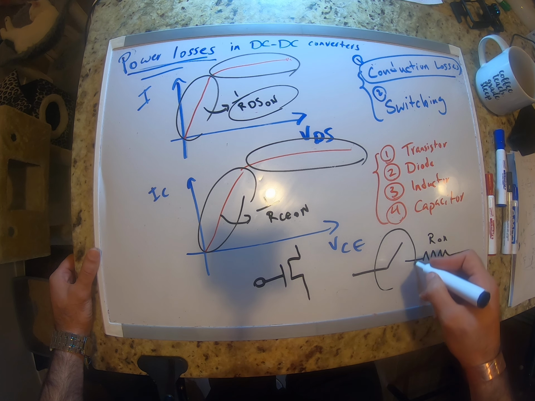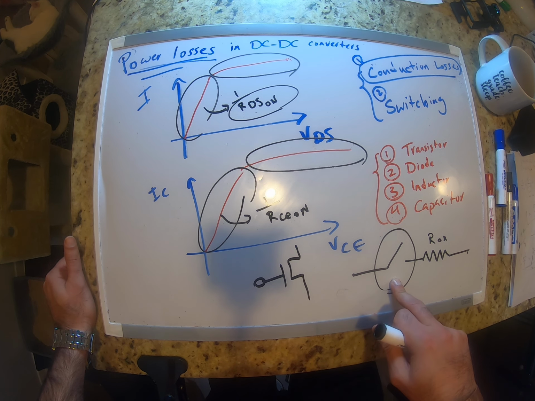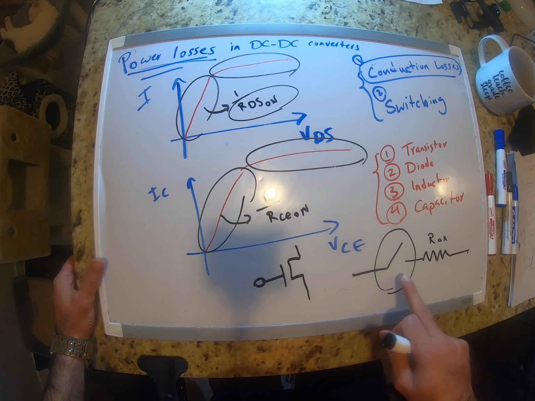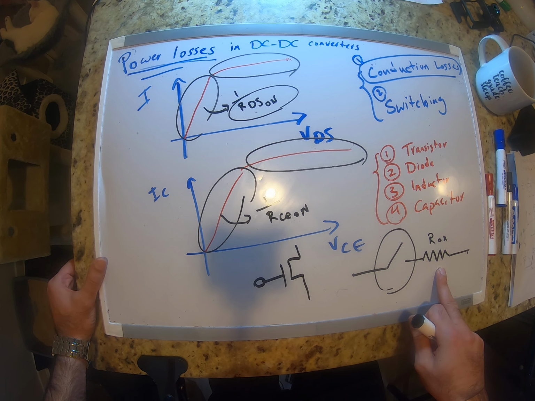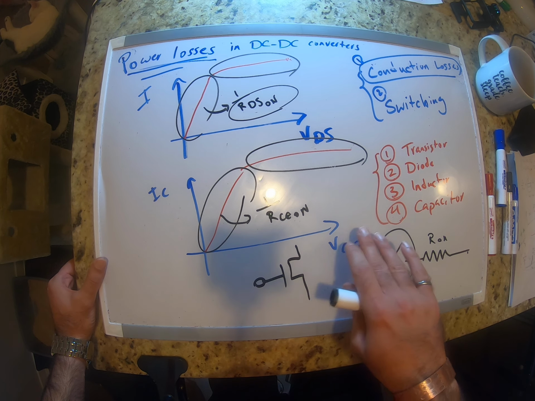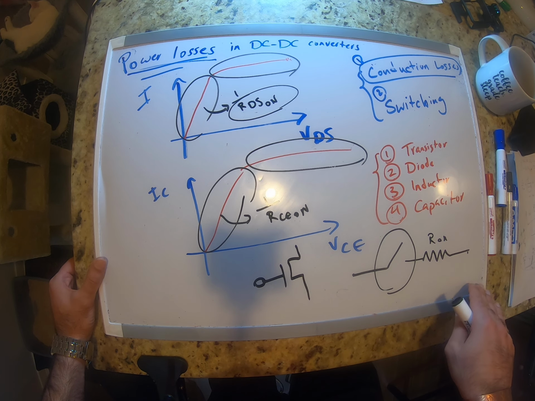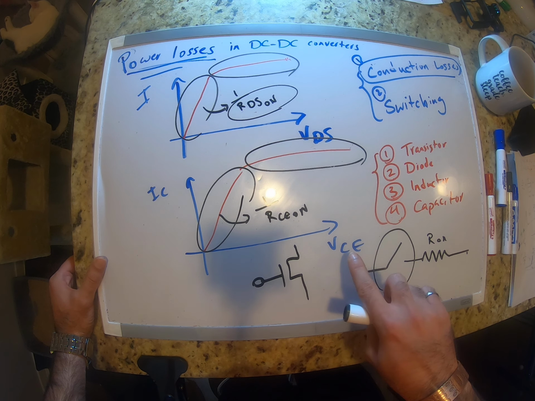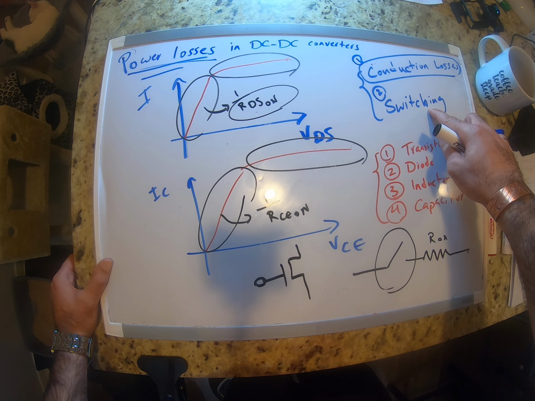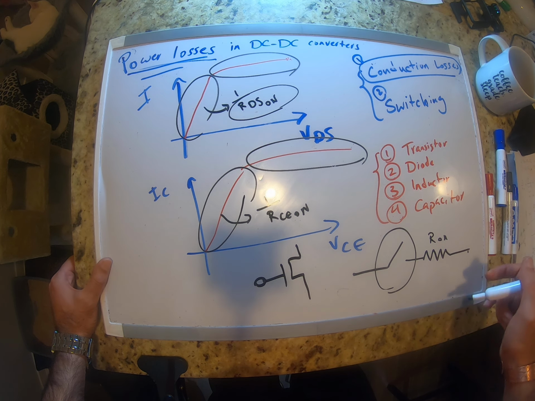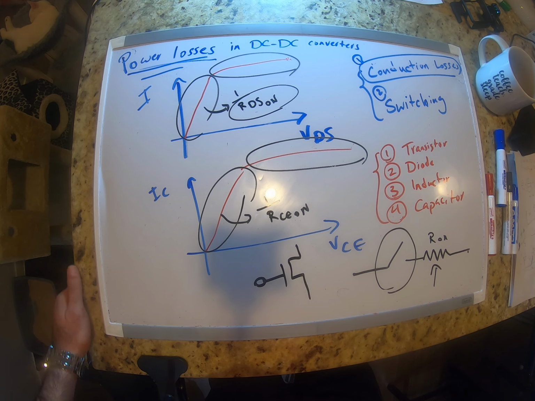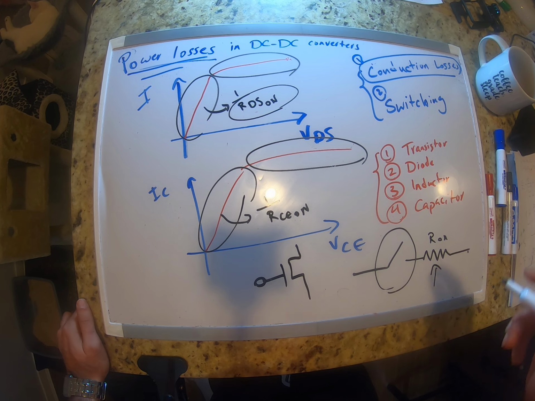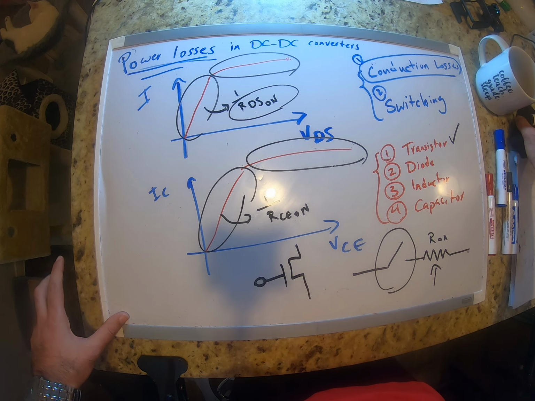We are not talking about the losses that happen because of the switching. We're talking about the losses that happen when this switch is already on. There are also some losses that happen when you turn this on or off, which we're going to discuss a little later. Right now we are going to talk about the losses that happen in this resistor.